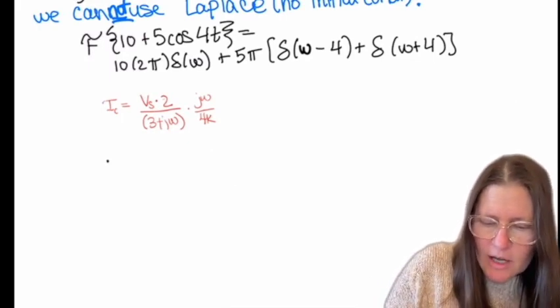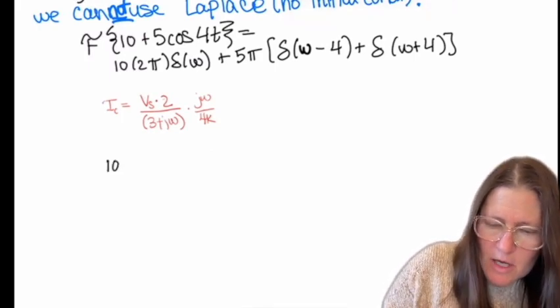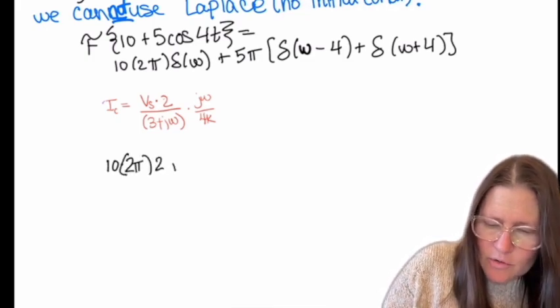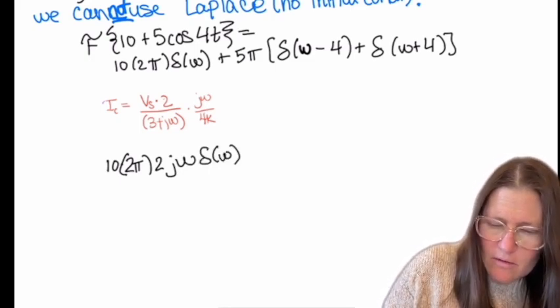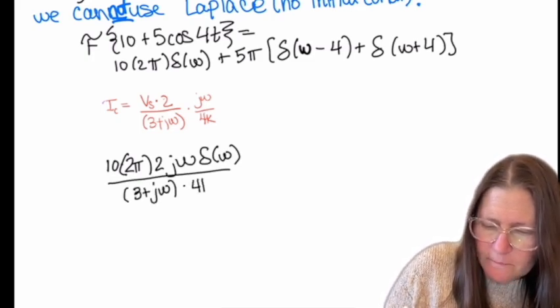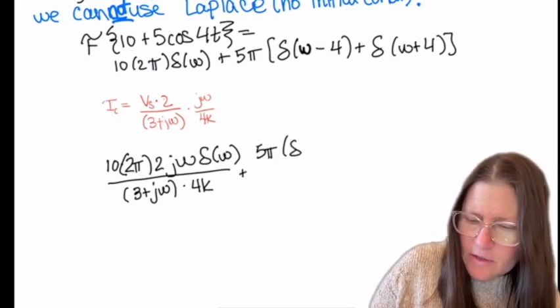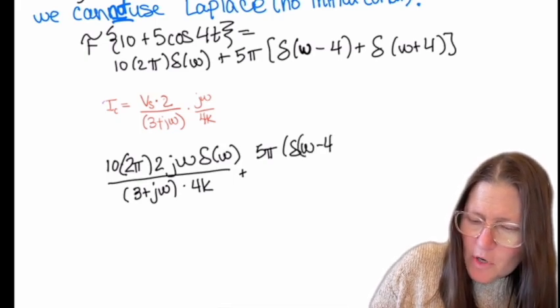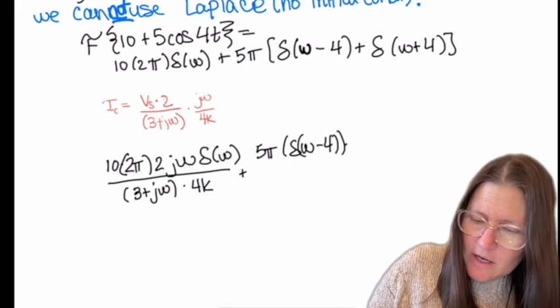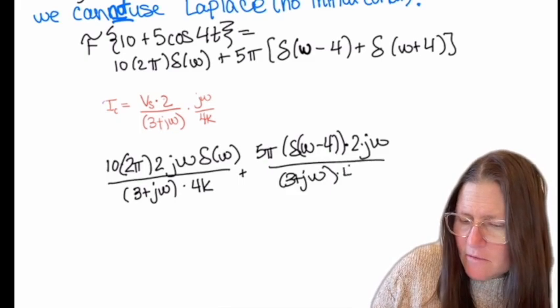So then we have 10 times 2 pi, and then 2 j omega, and then a delta omega, and that is all over 3 plus j omega times 4k, and then plus 5 pi delta omega minus 4, and then times 2 times j omega all over 3 plus j omega times 4k.